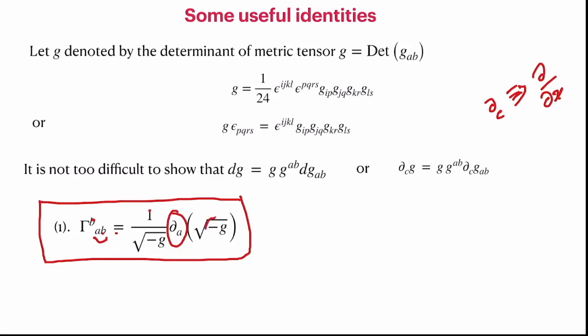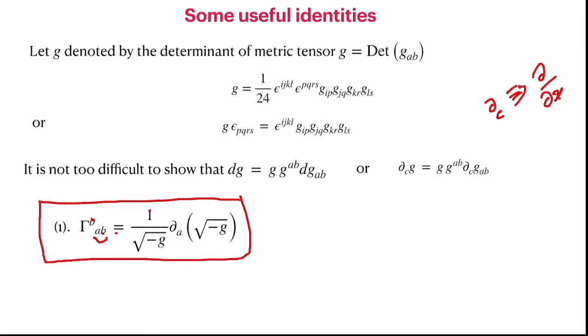The minus g comes from the fact that the determinant for a Lorentzian or pseudo-Riemannian space-time has a negative sign, and that needs to be incorporated when you take the square root, which is why the minus sign appears. Otherwise in the case of Riemannian space, it would be just the square root of g.